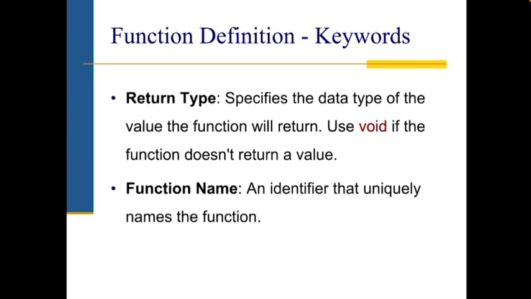So for function definition, the keywords are the return type, which specifies the data type of the value the function will return. Use void if the function does not return a value. Function name is an identifier that uniquely names the function.